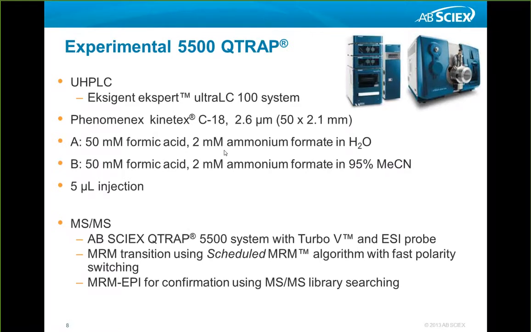If we look at the acidic method, of course, the pH is reflected by the mobile phase. We have an acidified mobile phase with formic acid. We're adding a little bit of ammonium formate, and the whole method is LC-wise set up on a water acetonitrile gradient. We are utilizing the state-of-the-art Phenomenex core shell technology, a Kinetex column, reversed phase type of material is used here, and our ExionLC Ultra LC100 system.